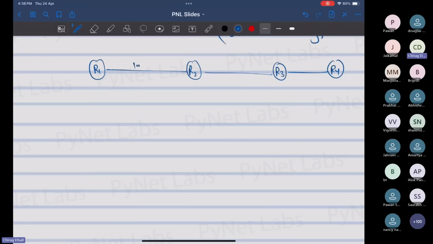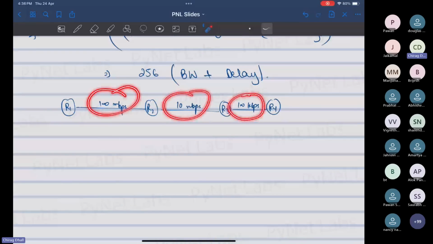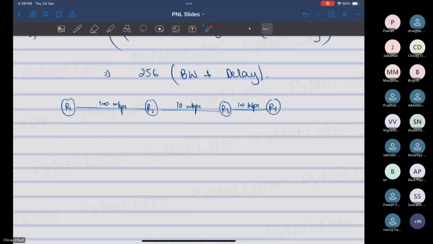The bandwidth here is 100 Mbps, here it is 10 Mbps, and here it is, let's say, 100 kbps. So when I calculate my metric to reach R4 from R1, should I consider 100 Mbps, 10 Mbps, or 100 kbps? Which one?